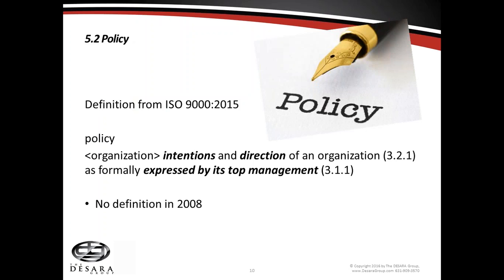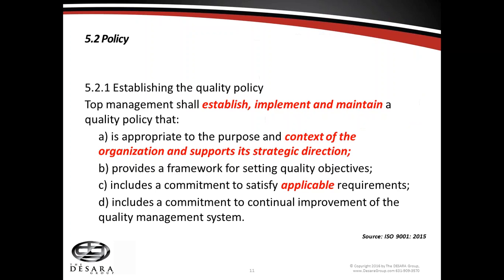So we're looking at what are the intentions of the business, what's the direction the business is going in, and who's giving us that direction and intention? It should be top management. Again, there were no definitions in the 2008 standard, and so we've got something at least to hang our hat onto. There's also a definition for quality policy in there.